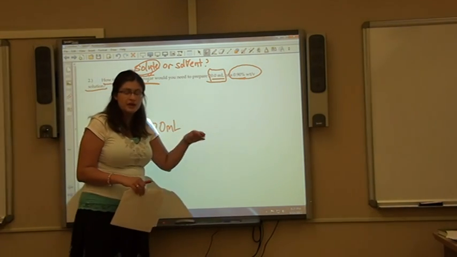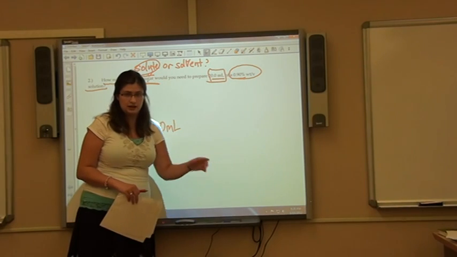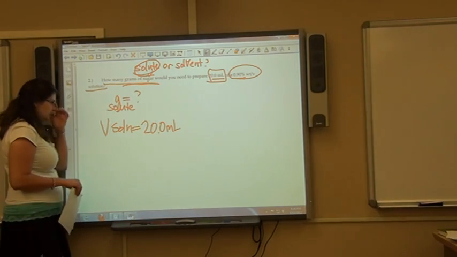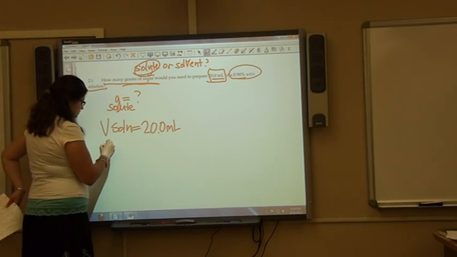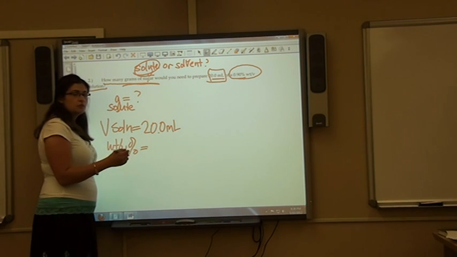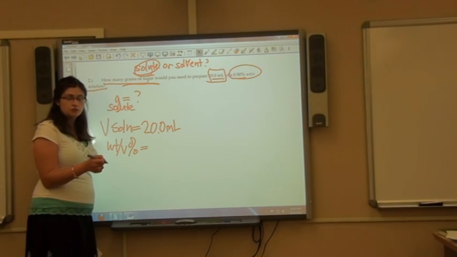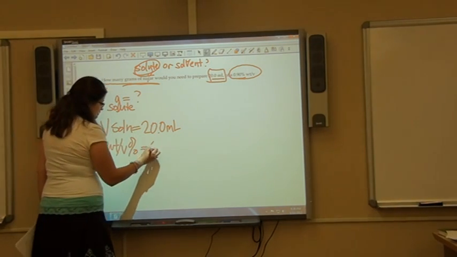Don't leave out or make up any new significant figures, because it'll cause you problems when you get to the end. Okay, and then our last piece of information is that weight per volume percent. So we have weight per volume percent, and now this time that's not what the question mark is. We have a value for that. That is 0.9%.